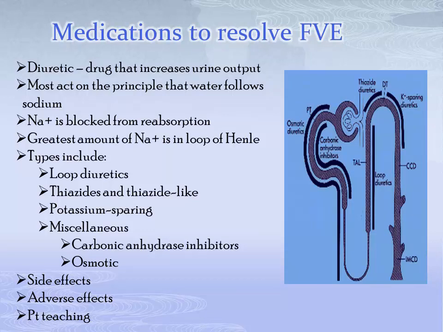And then we have the potassium-sparing diuretics, and this is like spironolactone that actually excretes sodium in exchange for potassium. And so most of your diuretics lose potassium as well as sodium, but your potassium sparing do just what they say, and they keep potassium.